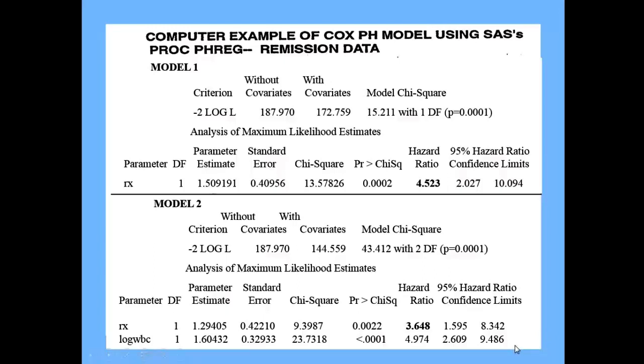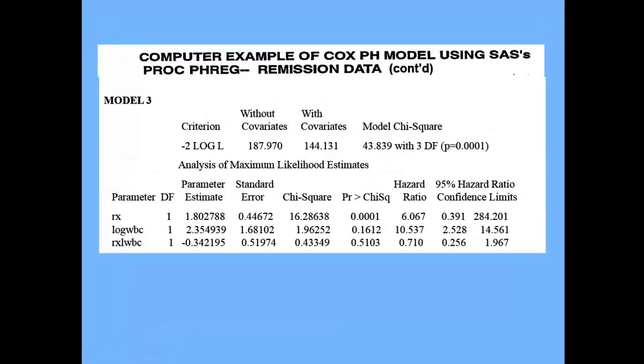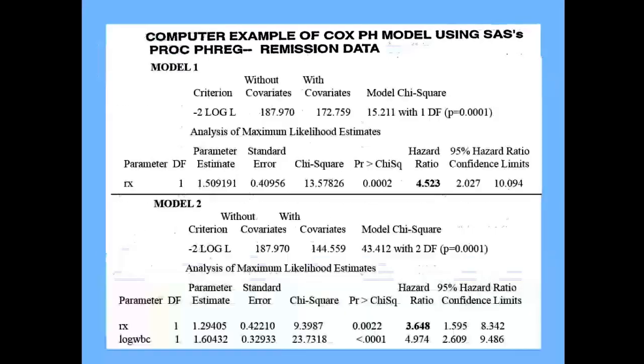And the formula for the hazard ratio, when you're fitting any one of these models, is an e to the beta formula. So in Model 2, for example, Model 2 doesn't have the product term. The product term was in Model 3, and when we looked at Model 3, we could decide that you didn't need the product term. It wasn't significant, so we didn't need that. So Model 2 would maybe be our next choice.